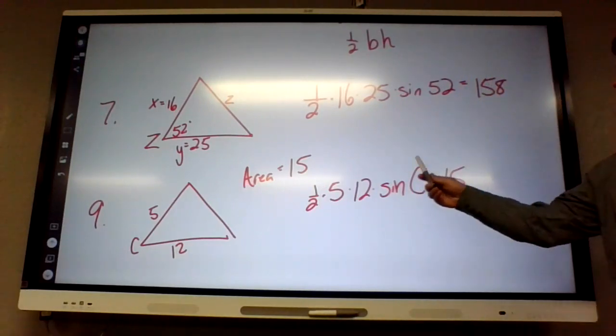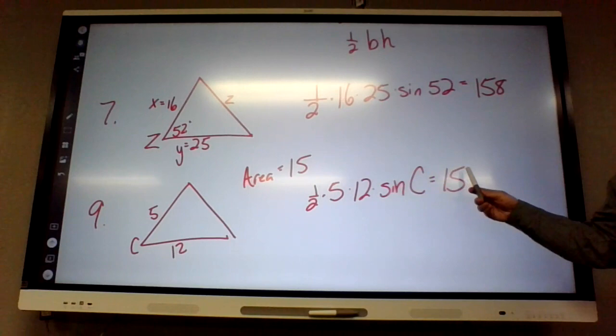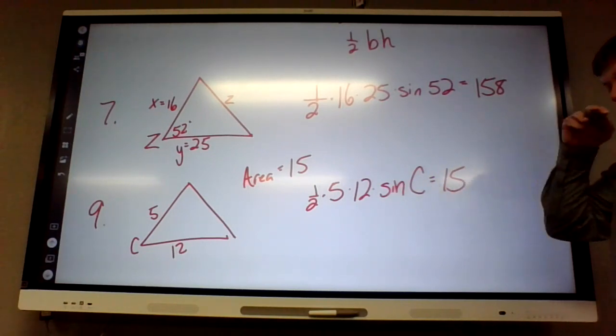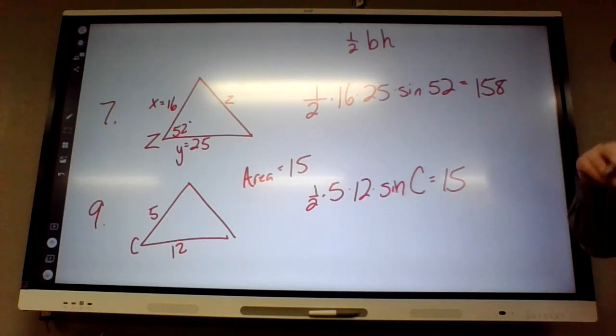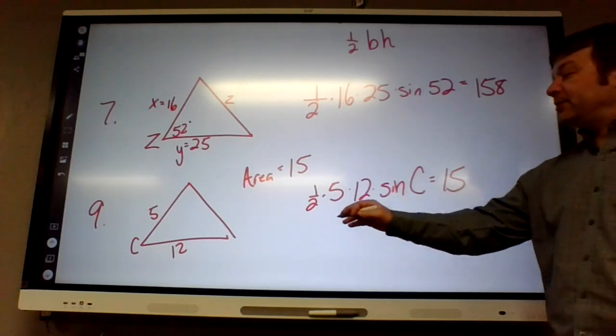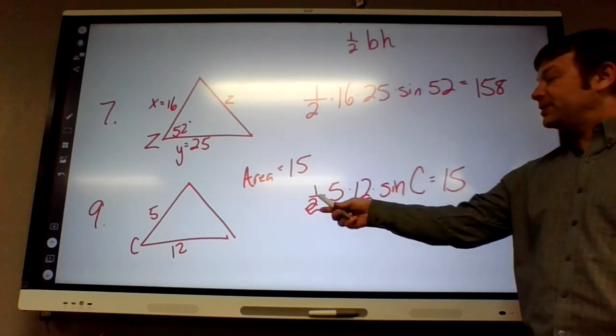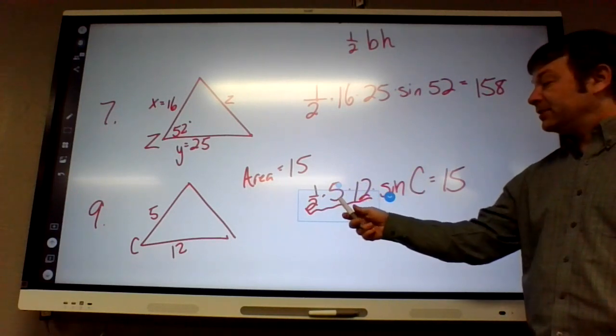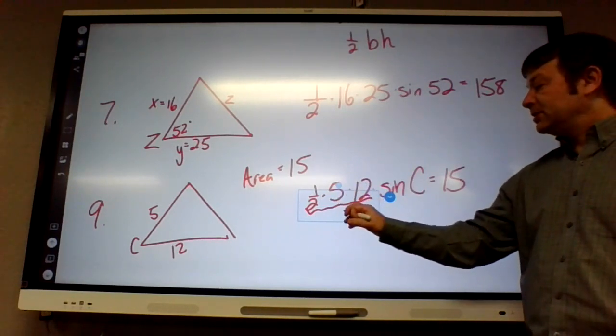So we're missing sine of C, but we do know the result is supposed to equal 15. Now, how can I work backwards to figure out what angle C is? 15 divided by this stuff. Let's simplify this. What's 1/2 times 12? 6. Times 5? 30.